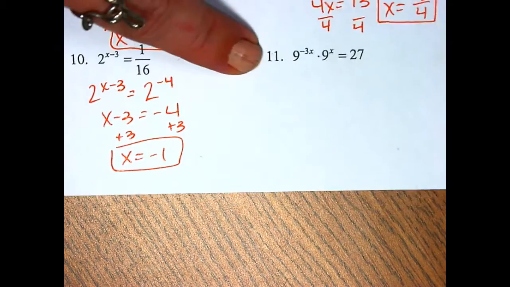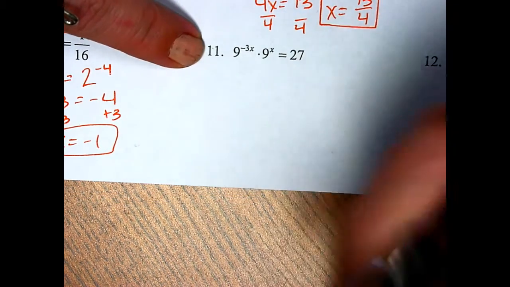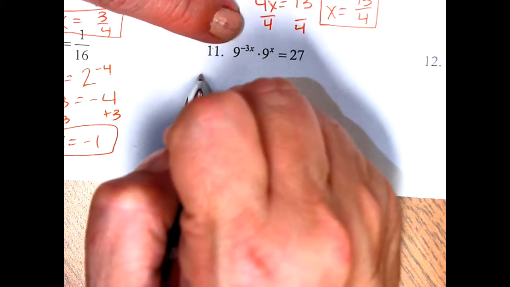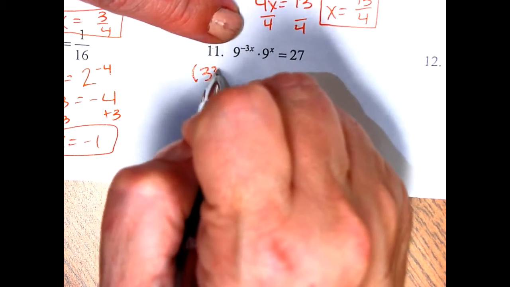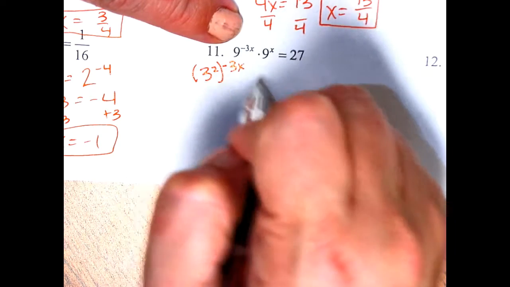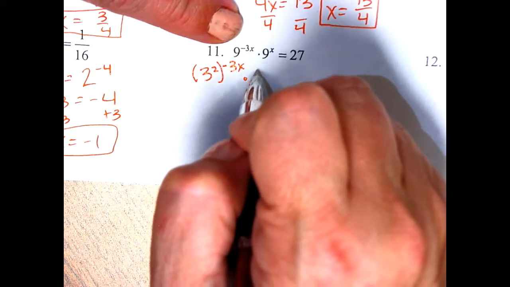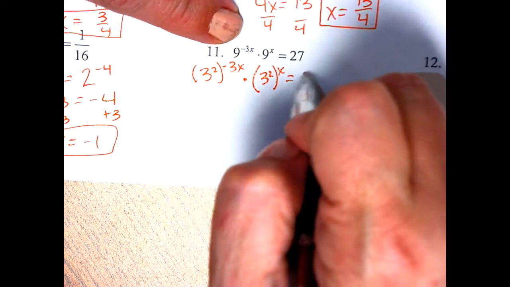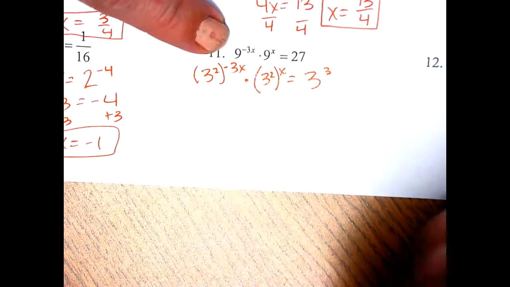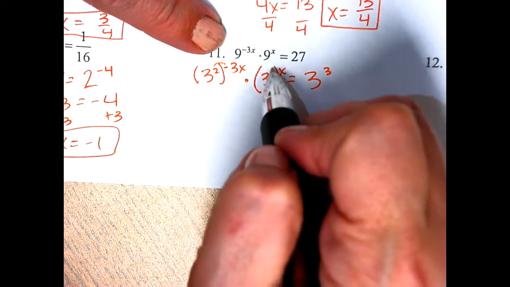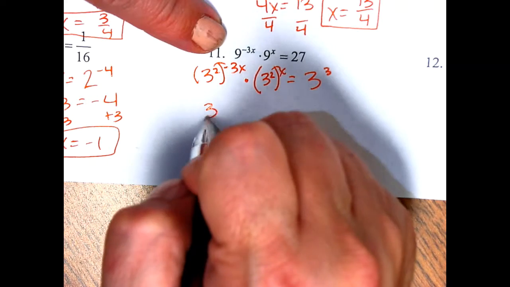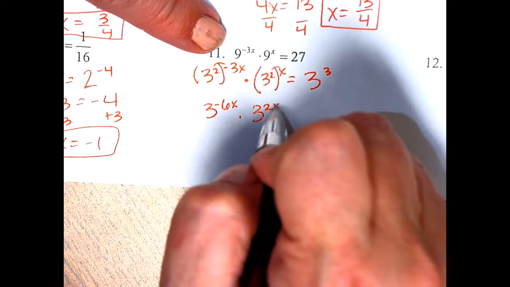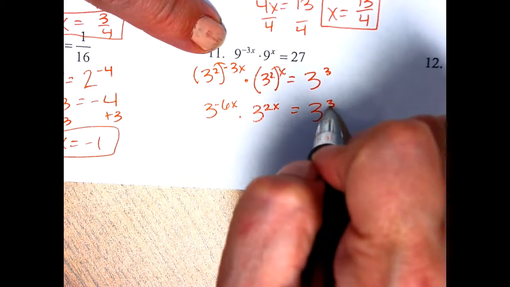On number 9, okay, we're going to rewrite these all using a base of 3. So 9 would be written as 3 squared. This is to the negative 3x times 3 squared to the x equals 3 cubed. First thing we have to do is simplify these. So this is 3 to the negative 6x times 3 to the 2x equals 3 cubed.